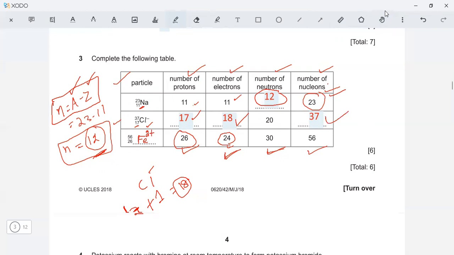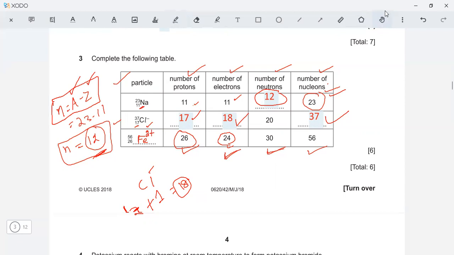But for the last one, the particle is not given to you, but you know the proton number, electron number, neutron number, and the nucleon number is provided in this box. So you're going to write the element name, I mean the particle name.